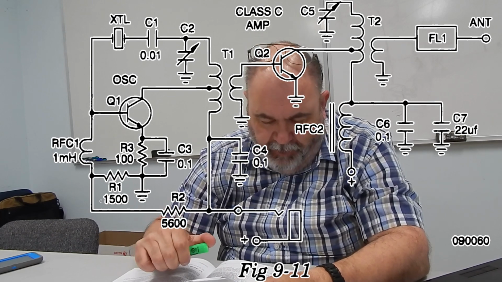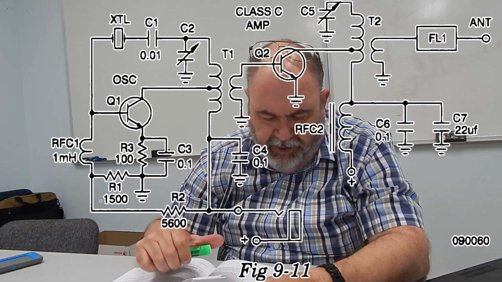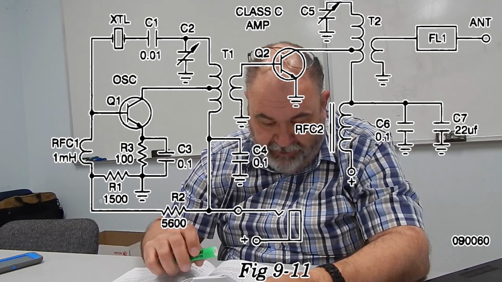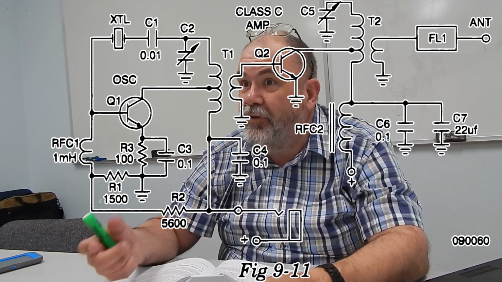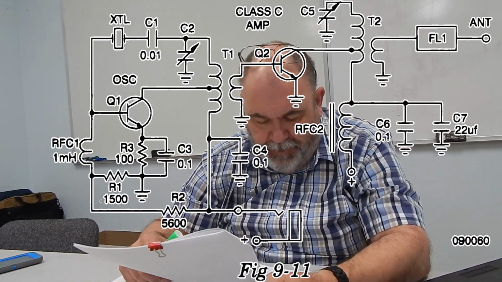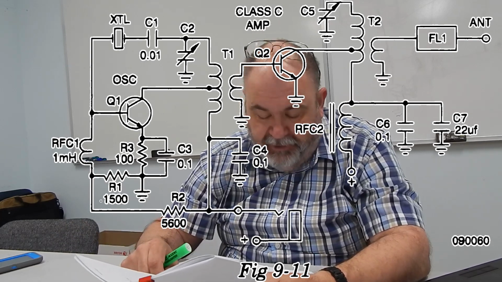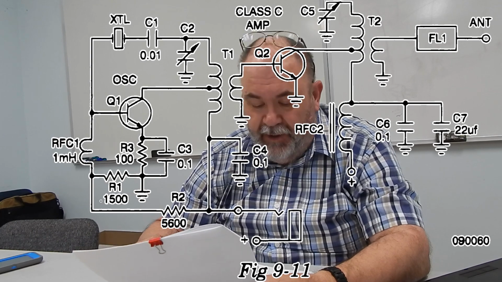And we can see that the positive feedback path is going through a crystal. You see a crystal going between the collector circuit and the base, so that crystal is our frequency determining element. There's a little trimmer capacitor C2 there that's got an arrow through it.